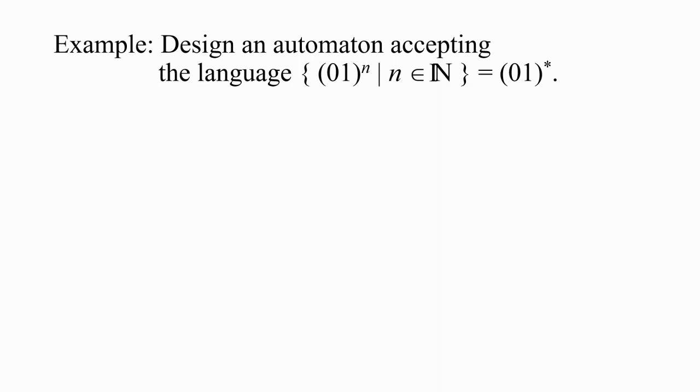So we are going to design an automaton accepting this language. I will start with Q0. And because the empty word is accepted by the automaton, Q0 is a final state. Then we create another state, Q1, and put an edge from Q0 to Q1 with label 0, and from Q1 to Q0 with label 1.